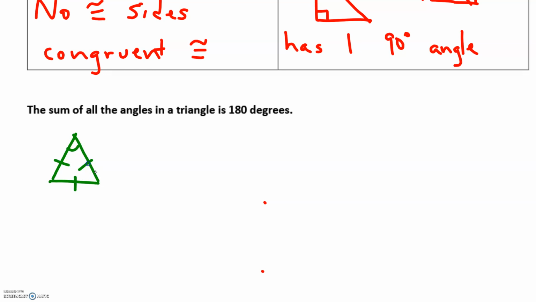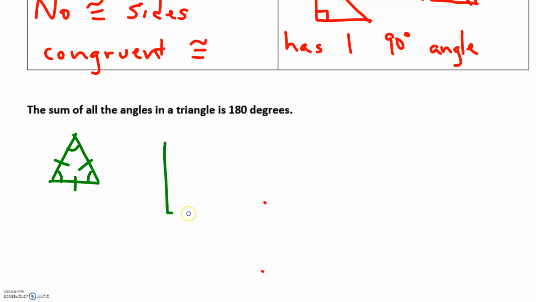All these angles are the same opposite those. The sum of all those angles is going to add up to 180 degrees. And since you have three angles on the triangle, if you divide that 180 degrees by 3, you get 60. So 60, 60, 60. So all three of those angles are 60 degrees.